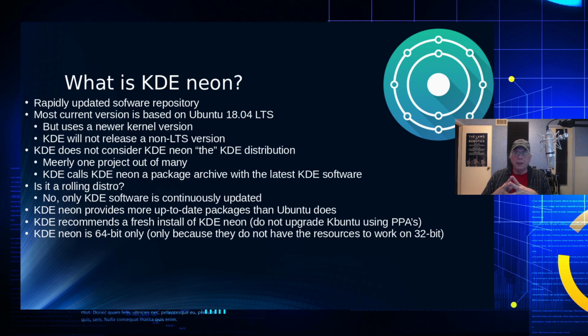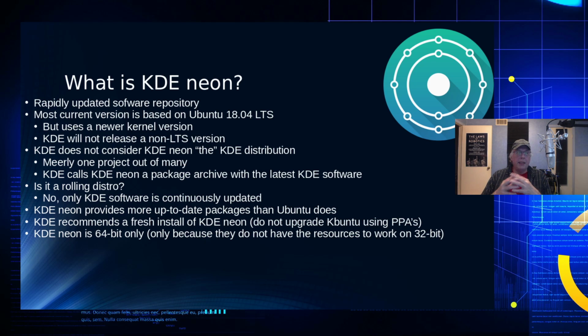KDE will not release a non-LTS version of the system. What they want is the latest KDE software built on top of a stable base. That's their goal. If you're always releasing the latest software, that's probably not a bad idea. You want to have a stable base under it that's not changing very often, in order to make sure that you're the one causing the problems, not the software underneath interacting with it.